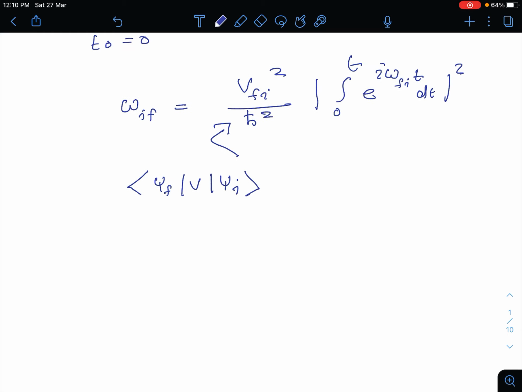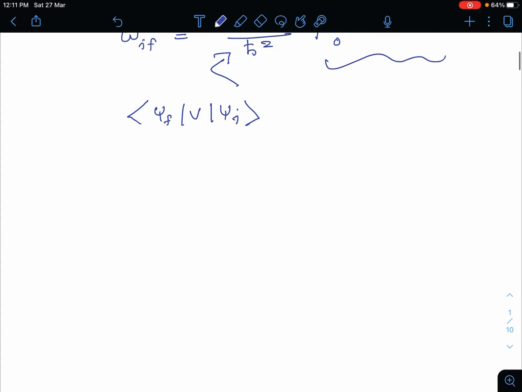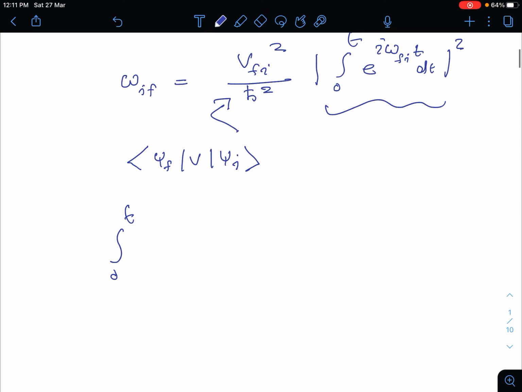Now let us integrate this function. So from 0 to t, the integral of e raised to i omega fi t dt. That's a very simple integral. So that is simply e raised to i omega fi t divided by i omega fi, from 0 to t.